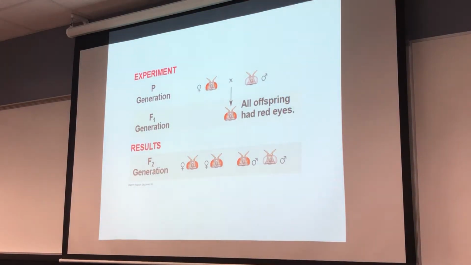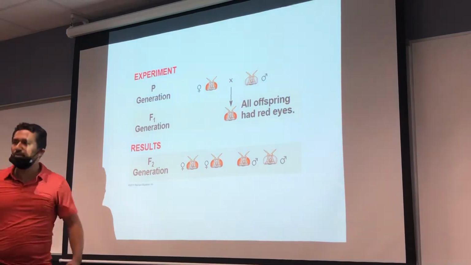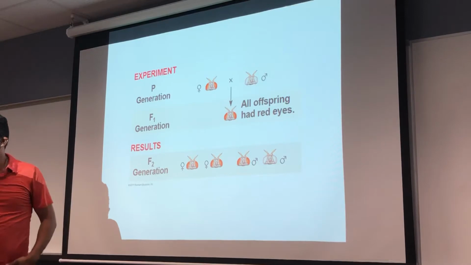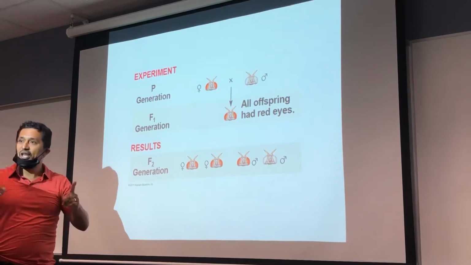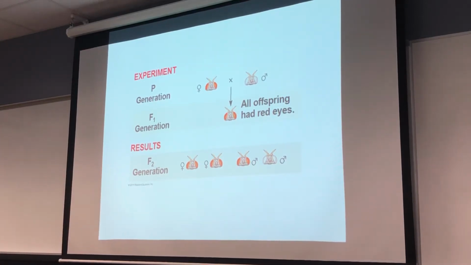So then he did this cross. Here you have the parental generation, you have red eyes and white eyes, F1 generation, all red eyes, and then the F2 generation, 3-to-1 ratio, red eyes and white eyes. Boom. Really similar to the purple and white flowers, right? Except that right here, you are dealing with the sexes as well.